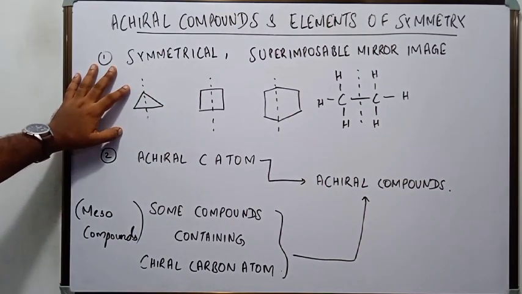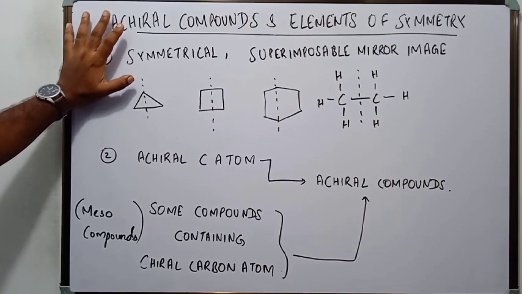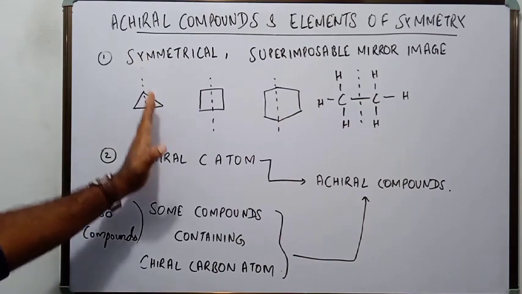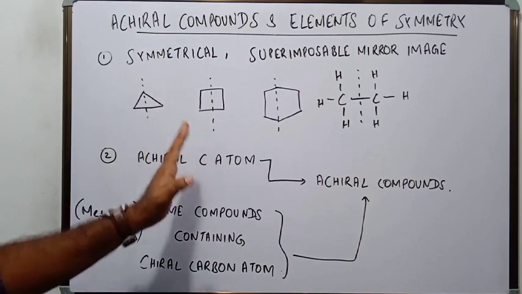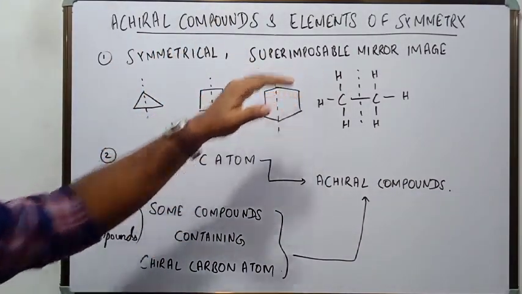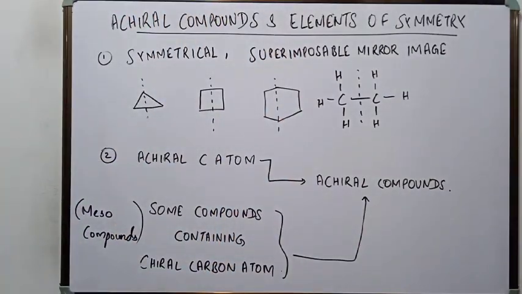So that is what is called an achiral compound. Number one, it should be symmetrical. That is, the molecule should be divided into two equal halves by an imaginary plane, the two halves being mirror images of each other. And the second condition is that if you bring a mirror before it, a superimposable image would be formed. So these are the two conditions for an achiral compound.